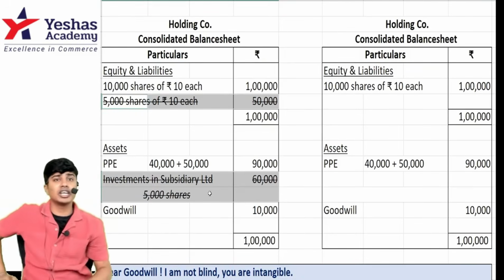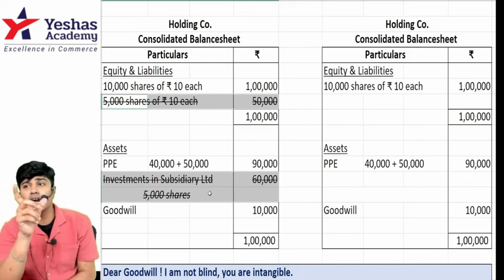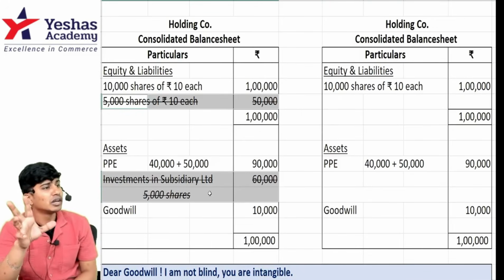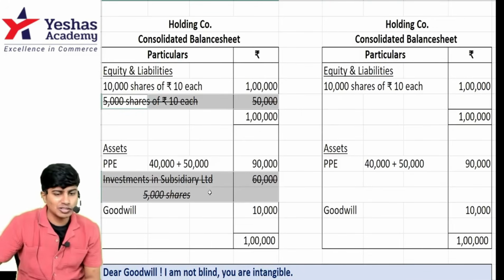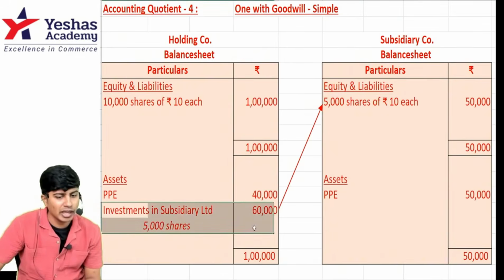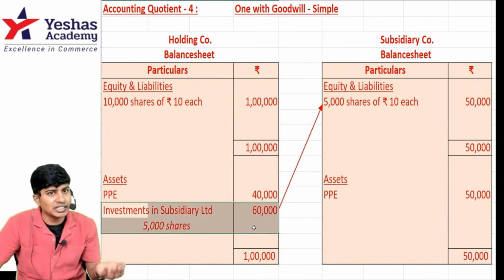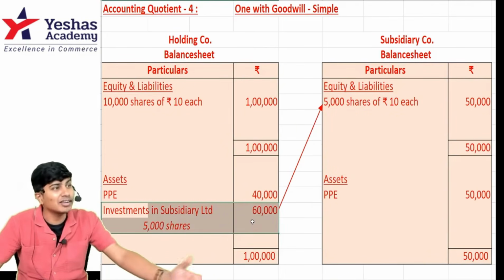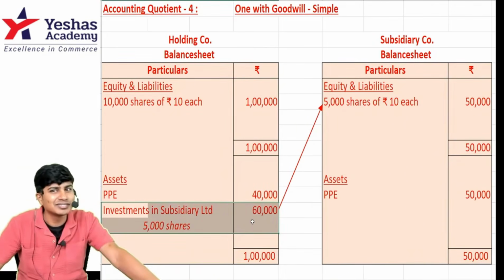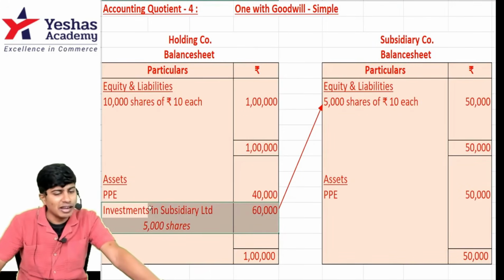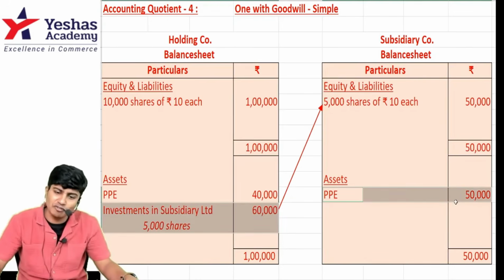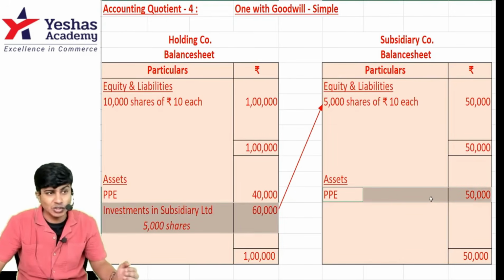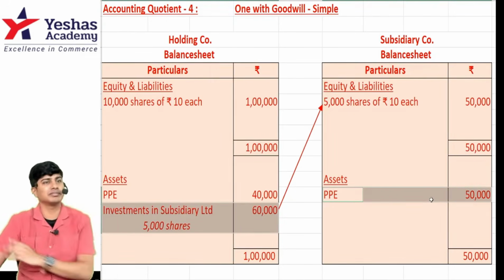What is the name of that working note? Cost of control. What do you mean by cost of control? Simple. How much money did I pay? Why did I pay 60? To get the shares of that company. When I get the shares of that company, what do I get? Control over that company. Now observe. I paid 60, for 50,000 worth of assets I've got. 10,000 extra I paid to control that company.